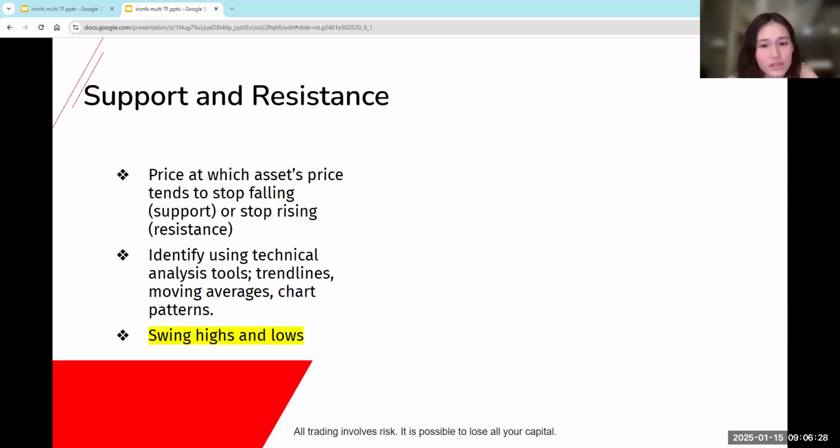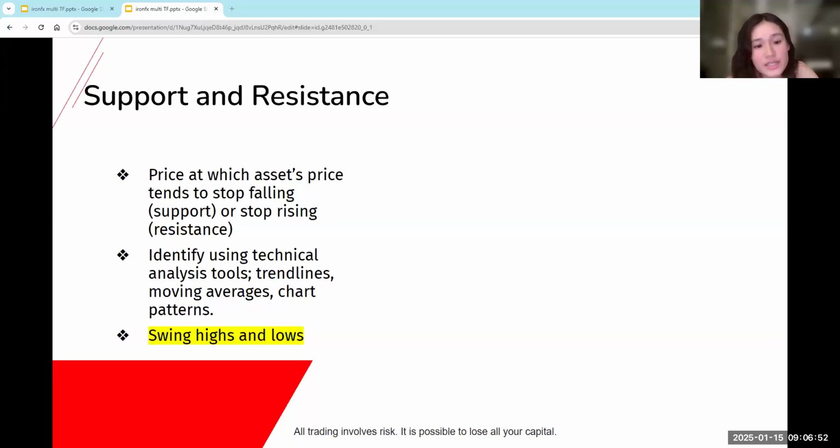Okay, we'll start off with a bit of basics, because you'll see how this leads in a bit. Starting off, support and resistance levels in trading, as you would know, refers to the price at which an asset's price tends to stop falling, which would be our support, or stop rising, which would be our resistance.